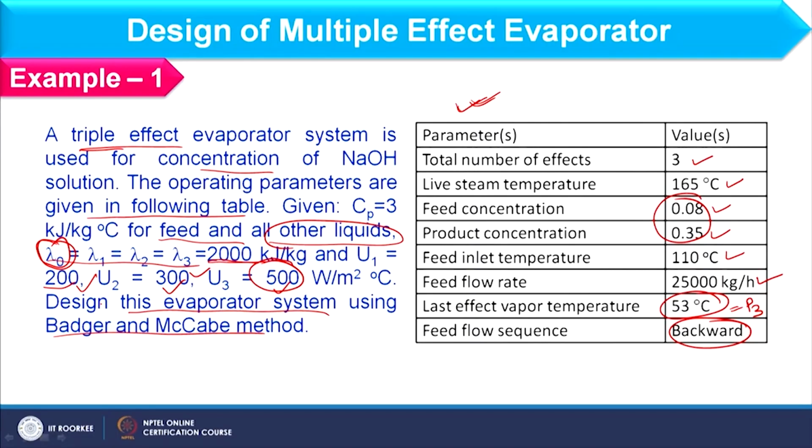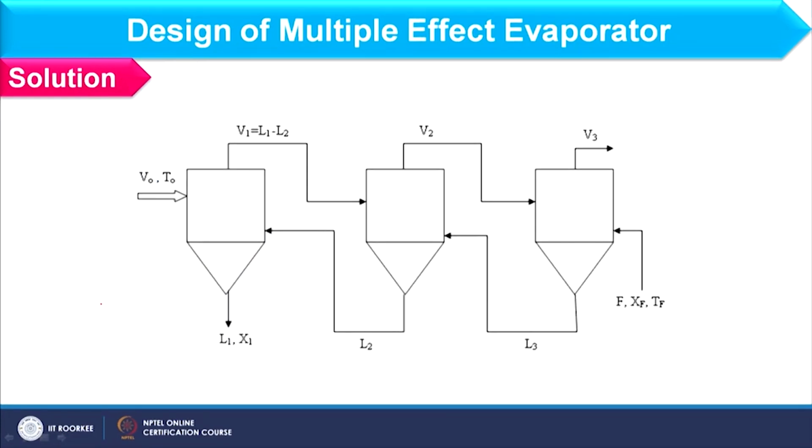If we focus on the forward sequence, then U1 will be maximum for the first effect and keep on decreasing till the last effect. So, let us start the solution of this example. Here we have the schematic where the first, second and third effects are shown and feed enters into the third effect because it is a backward sequence, with flow rate F, concentration XF and at temperature TF.